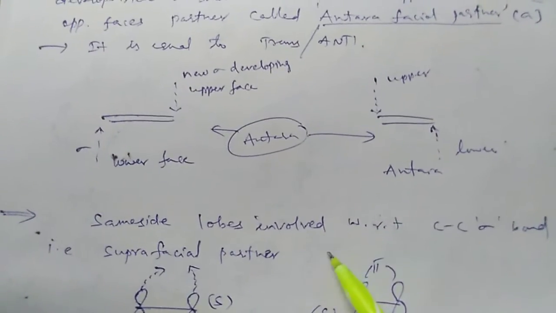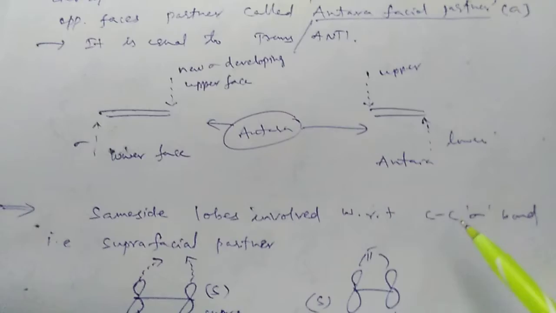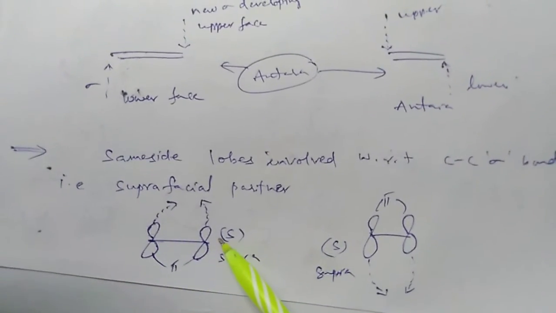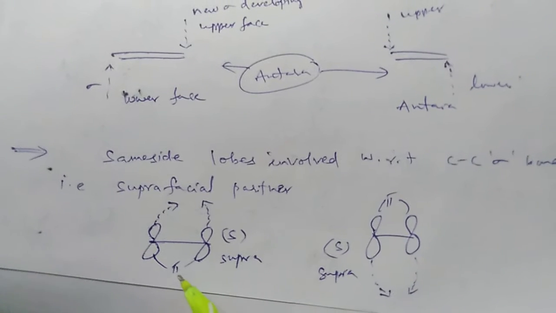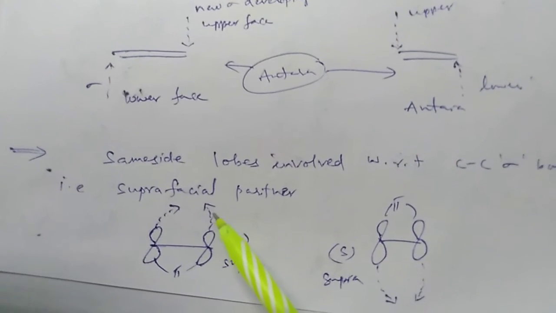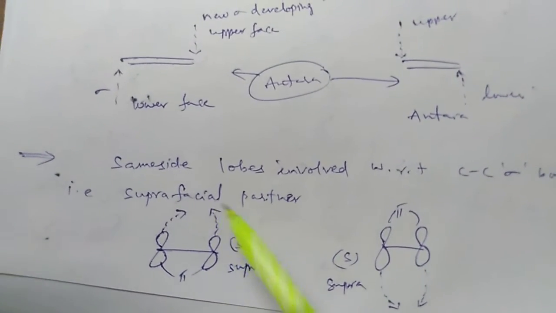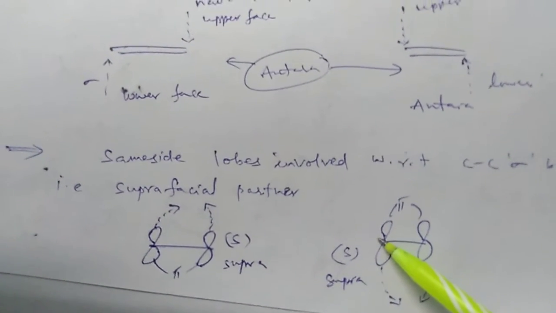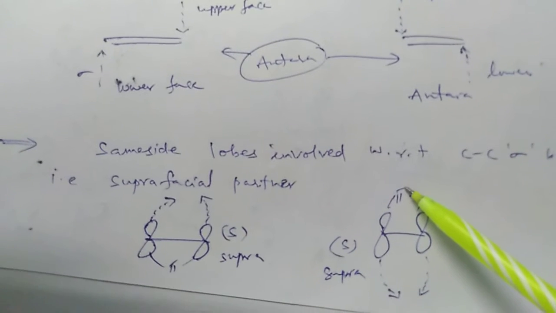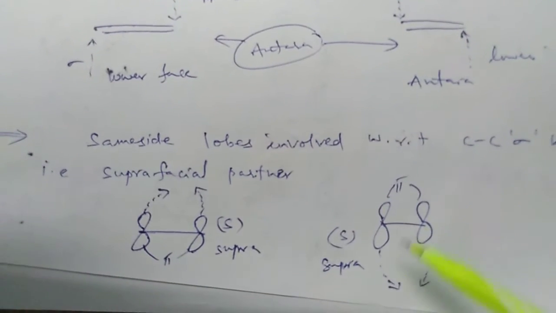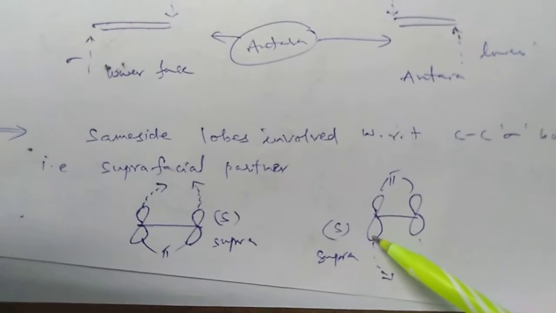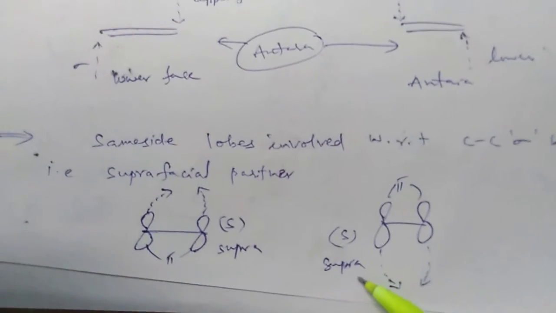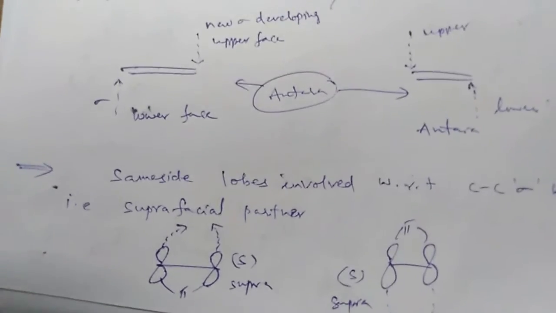The same case appears in this figure. When same-side lobes are involved with respect to the carbon-carbon single bond, that is a suprafacial partner. So the two atomic orbitals having the pi bond on the upper face are called supra. The atomic orbitals at the termini linking with the pi electrons also exist on the same side. It is also called suprafacial.